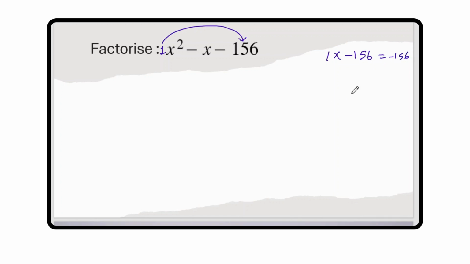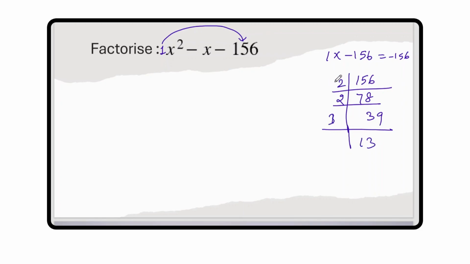Okay, now you have to break 156 to bring minus x. So let me do it, 2 times it is 78, then 39. You will break it further by 3, 3 times, it will give 13.